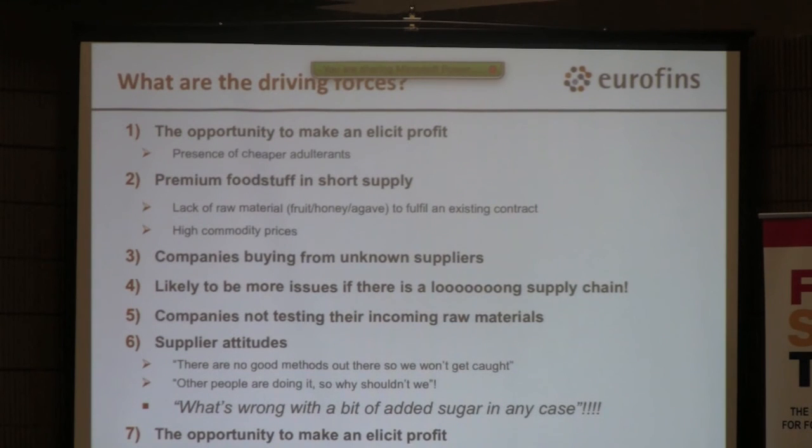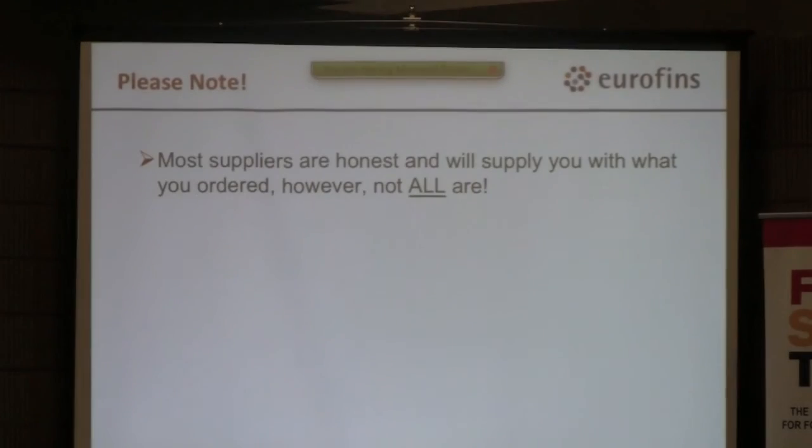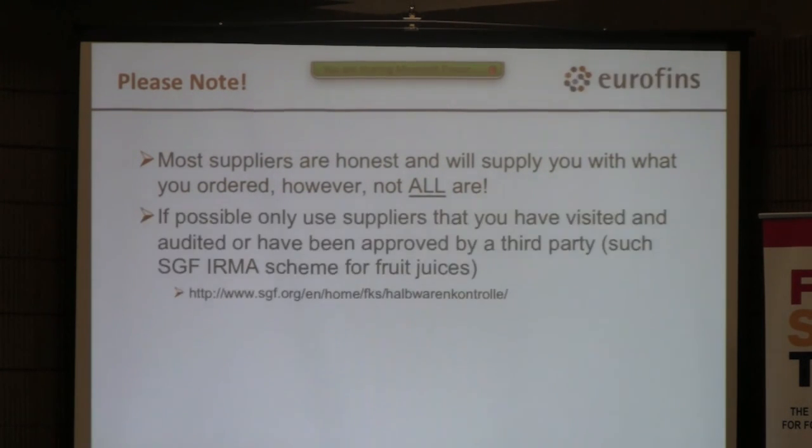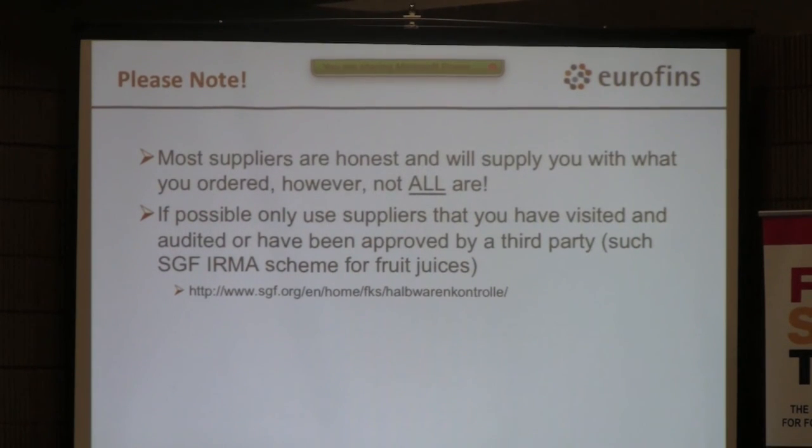Illicit profit. Okay. Most suppliers are honest, and they will give you what you want. So, take that as a fact. However, there are a few cheats out there, and you need to take steps to make sure you don't have problems. There are ways of doing that. If you audit the suppliers or you use third-party systems, you can reduce the risk.